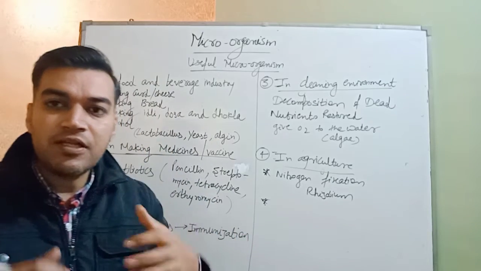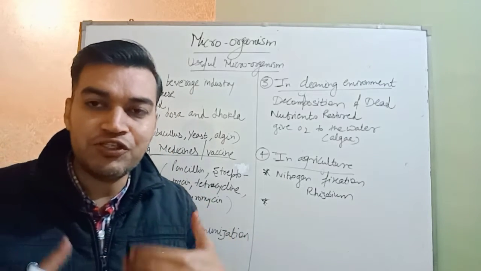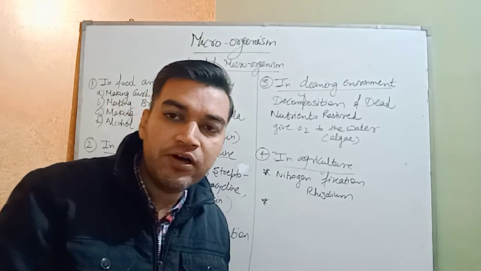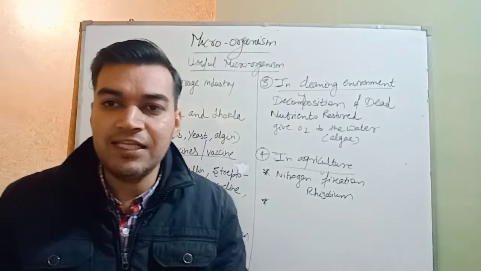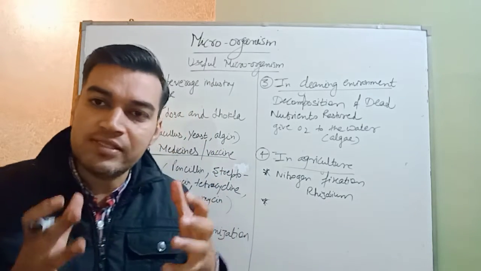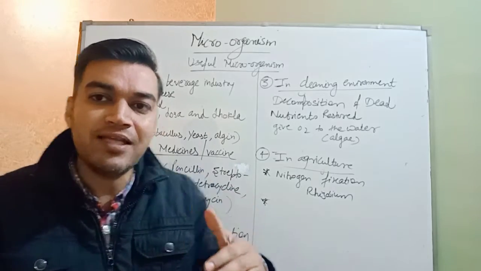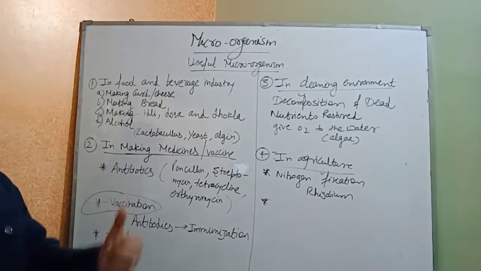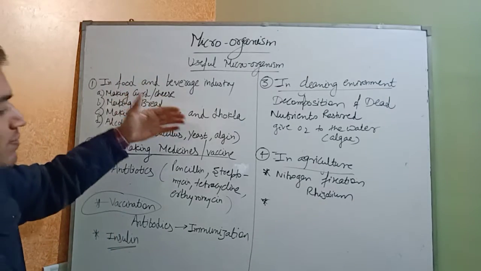The main purpose is to build immunization, to build antibodies in the healthy person. So whenever the real disease comes, the healthy person will not have much problem, because they already have an immune system developed by the vaccination. So vaccination and antibiotics are the main fields where microorganisms help us.